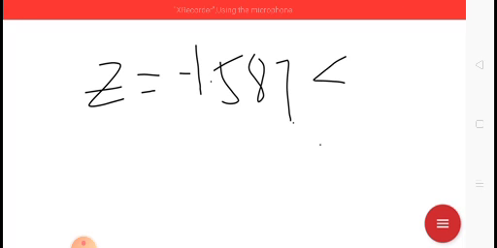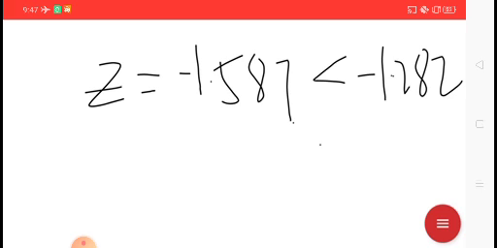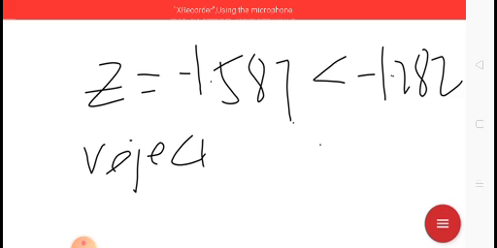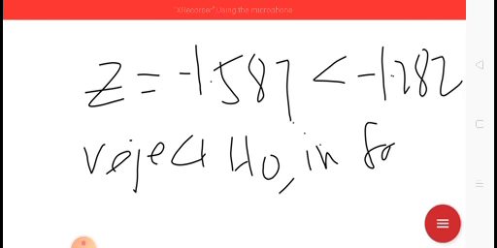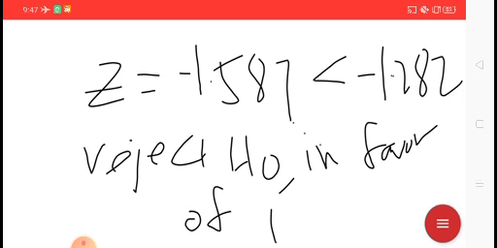So this one is smaller than negative 1.282. If smaller, this is in the critical region. If in the critical region, you reject H0 in favor of H1. This is a general statement.